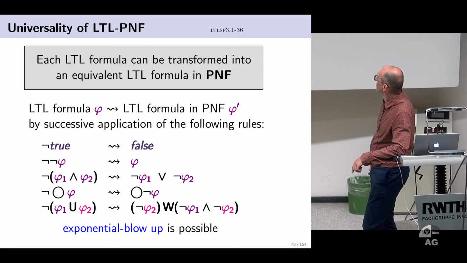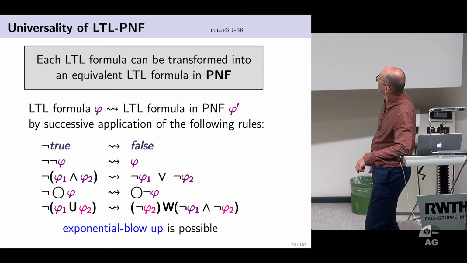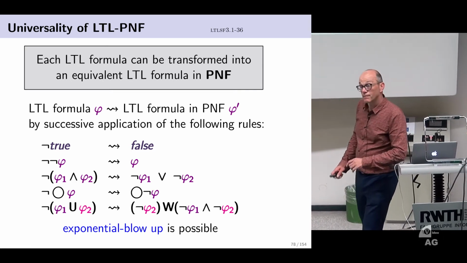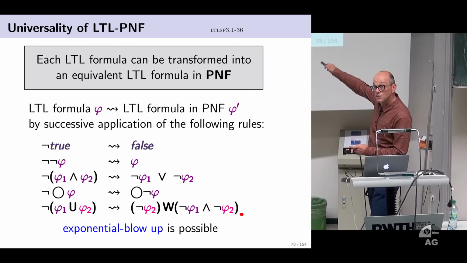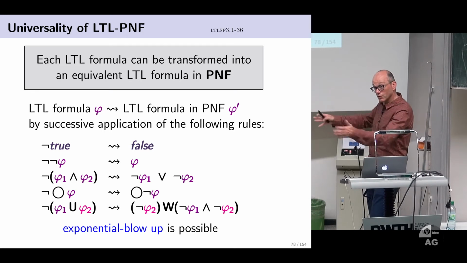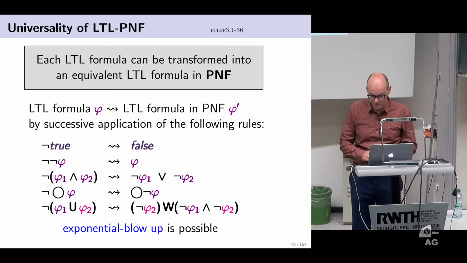I see no transformation that increases the depth there. If phi 1 has a depth of n and phi 2 has a depth of m, that's not changing. But the point is that not the depth, but the breadth is changing.